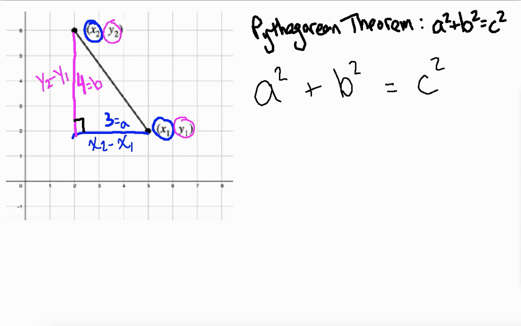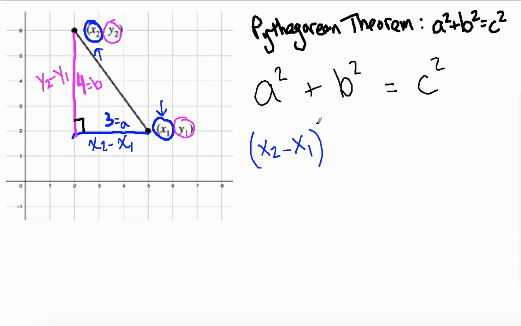So instead of saying a squared, I'm going to put in x2 minus x1, because sometimes I won't know exactly what this length is. I'll have to use the x coordinates to figure out the length by subtracting them.